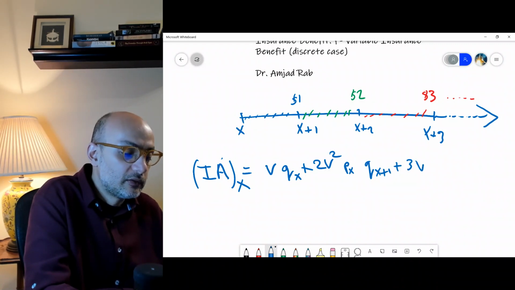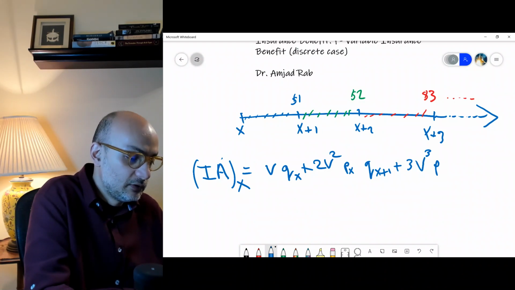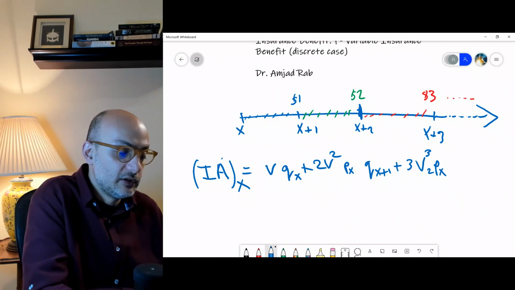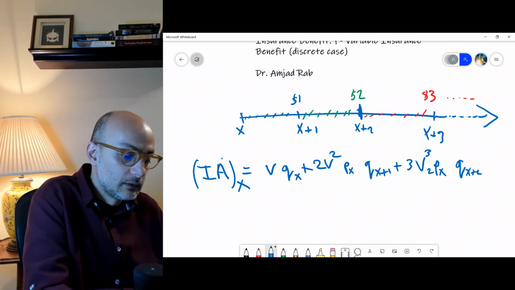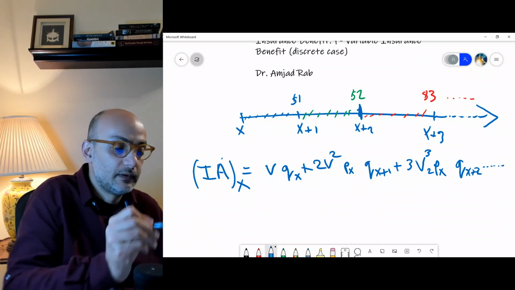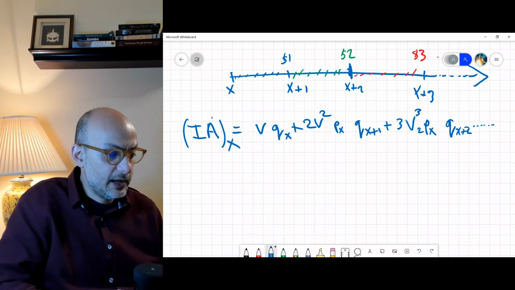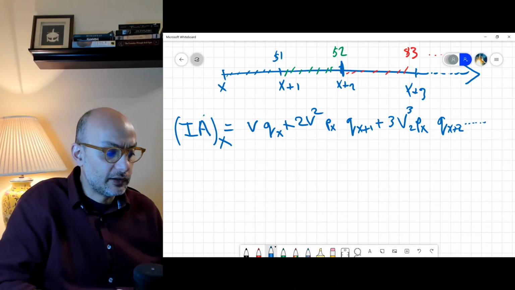Then same thing, 3v cubed, because this is the payment, and then 2p_x, because you need to survive 2 years up to this point, and then death occurs here, q_{x+2}. And you keep going. This is straightforward. You can always visualize it and solve a question like this.